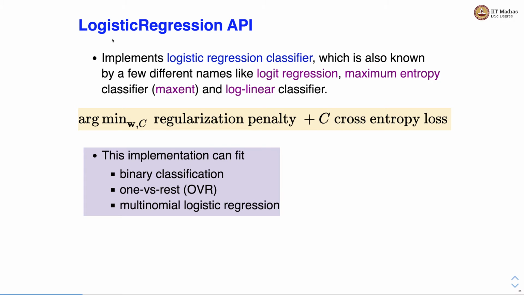So this particular logistic regression API can implement binary classification. It can also do multi-class classification with one versus rest setting, and it can also implement multinomial logistic regression. It also has provision for L1, L2 and elastic net regularization.